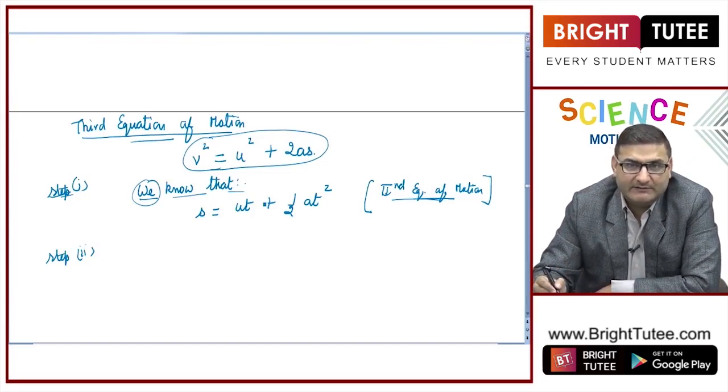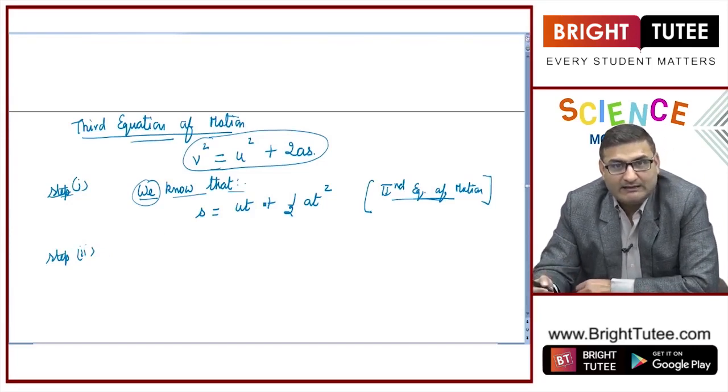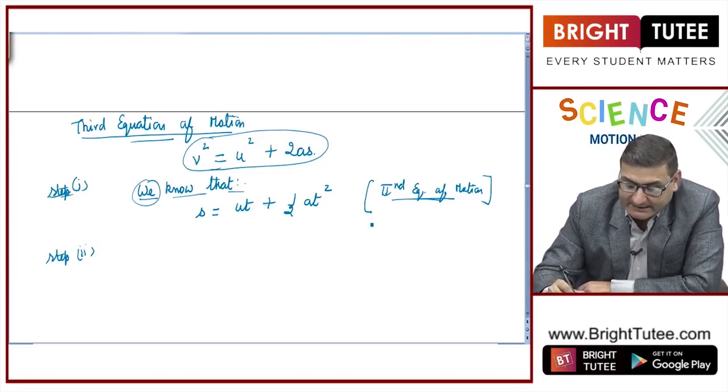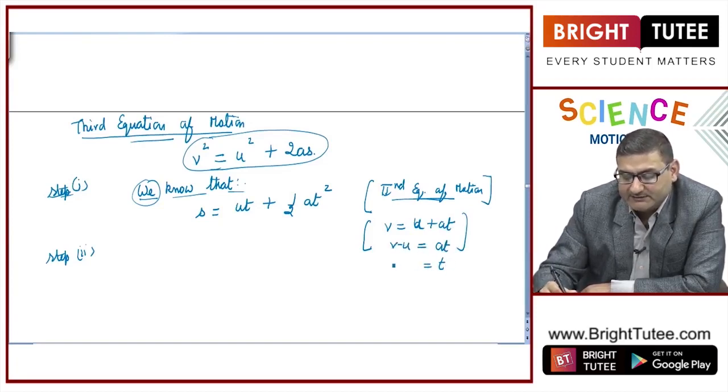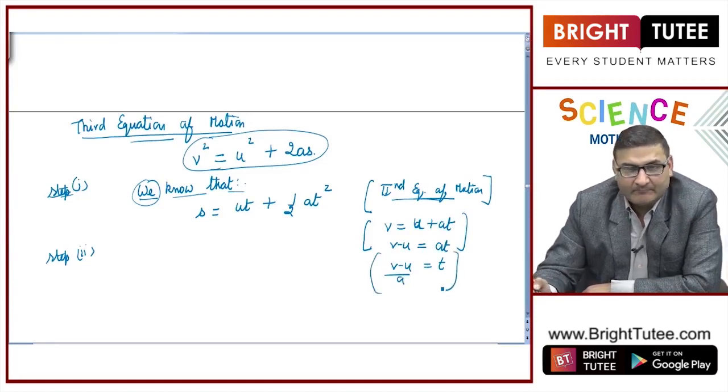Just calculations will be required. Now what should I write instead of t? Once again, we will take the help of the first equation of motion, which said that v is equal to u plus at, or it can be written as at is equal to v minus u, or t is equal to v minus u upon a.